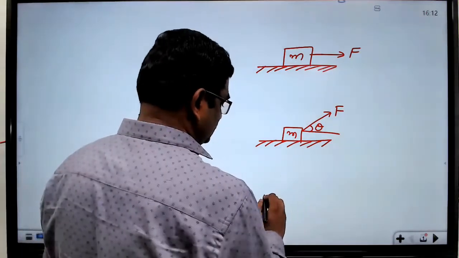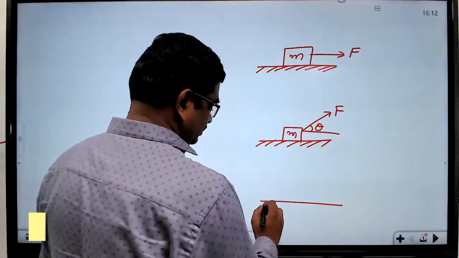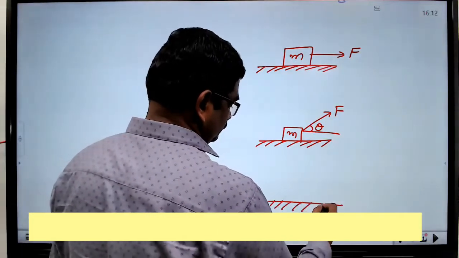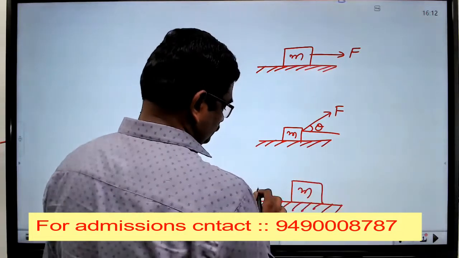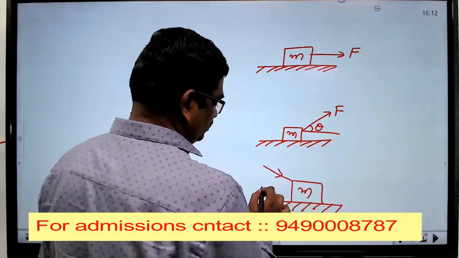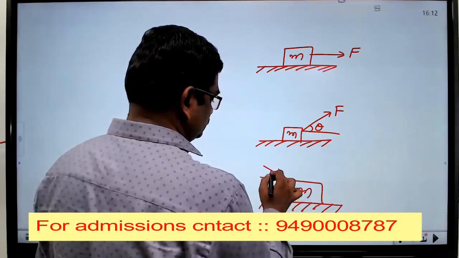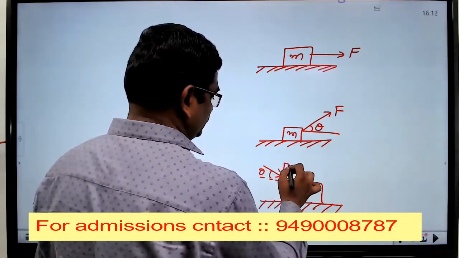So this is nothing but pulling. Next case, pushing case. A force F acting like this, making an angle theta.